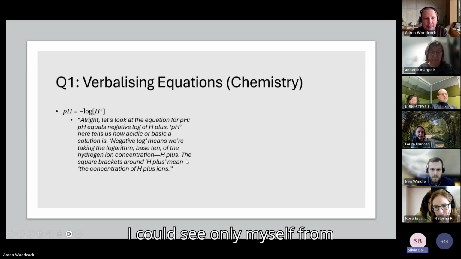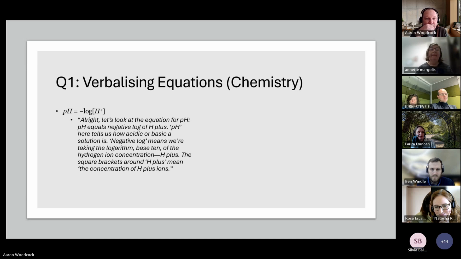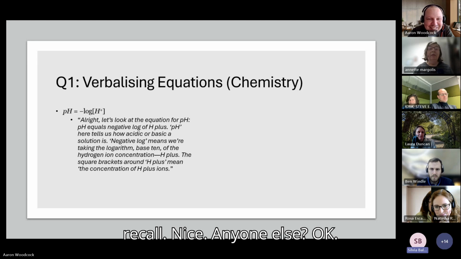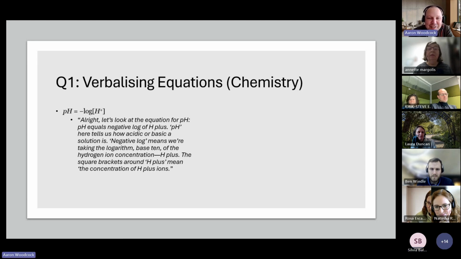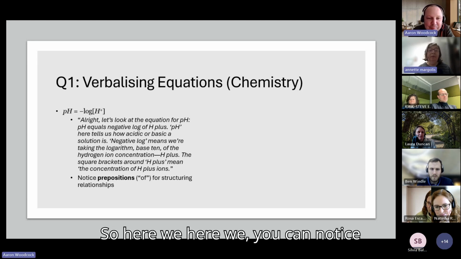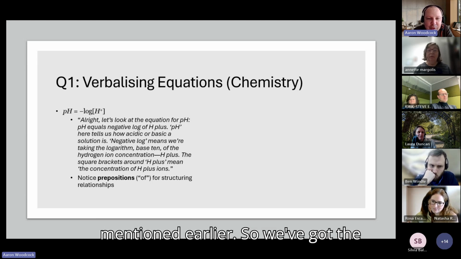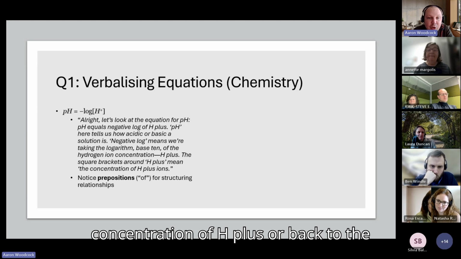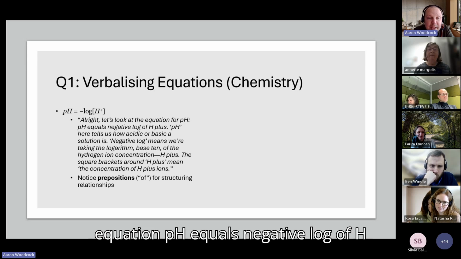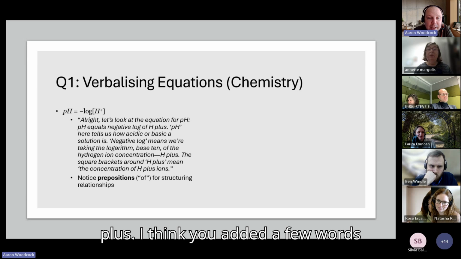I could see only myself from chemistry. Oh, right. Okay. I mean, I don't recognize anyone else. Okay. So here you can notice the prepositions which are mentioned earlier. So we've got the concentration of H plus, or back to the equation, pH equals negative log of H plus.